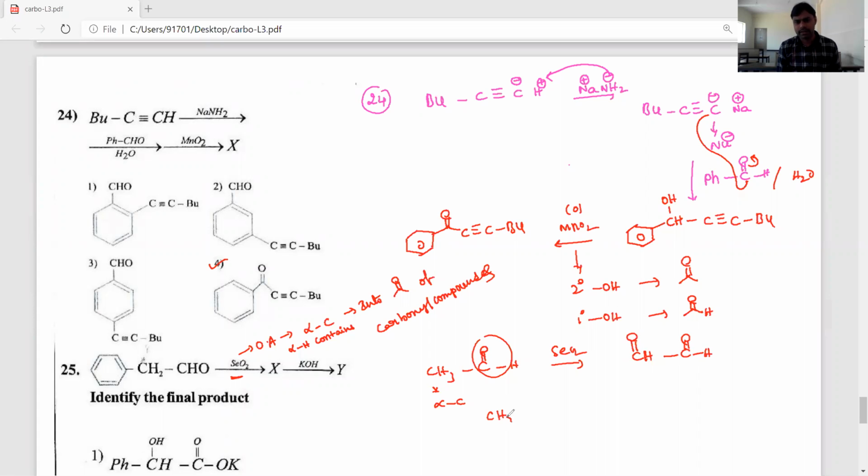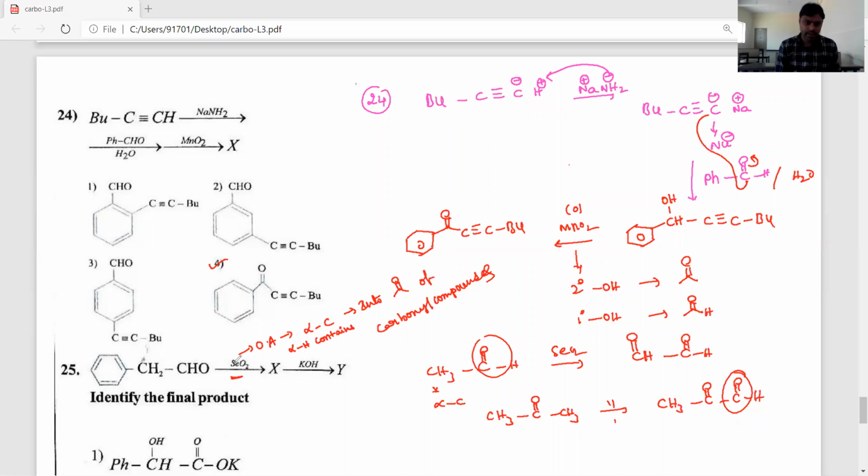In the same way, ketones: CH3 C=O is converted into CH3 C=O C=O OH. The CH3 group alpha carbons are converted into carbonyl compound C=O group. With 1 mole, 1 mole of alpha carbon is converted into a carbonyl group.